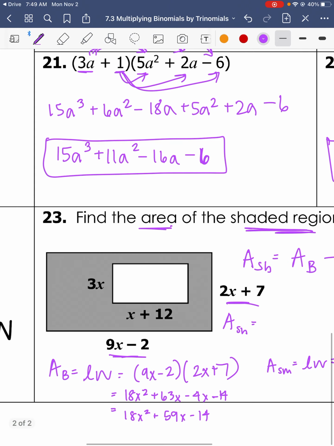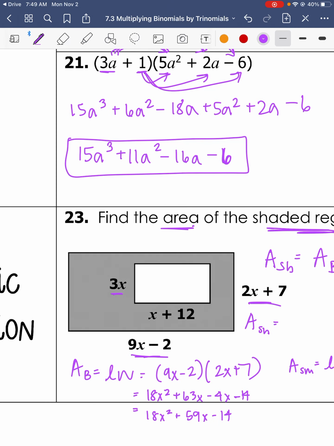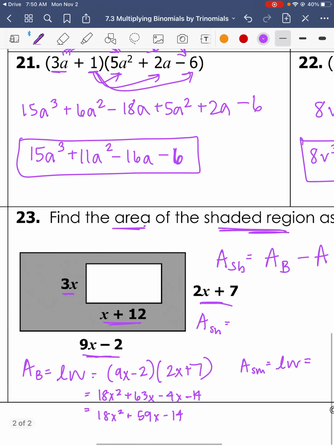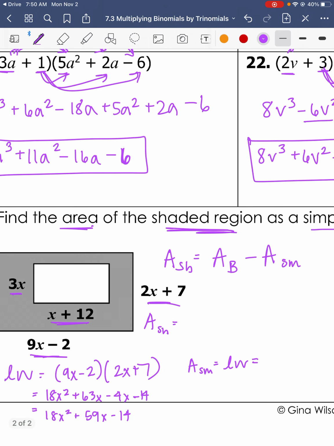That's also length times width. We'll say this is the length and this is the width, so 3x times x plus 12. This is a monomial times a polynomial, so this one's a little bit easier. We're just going to distribute that 3x. We get 3x squared plus 36x.